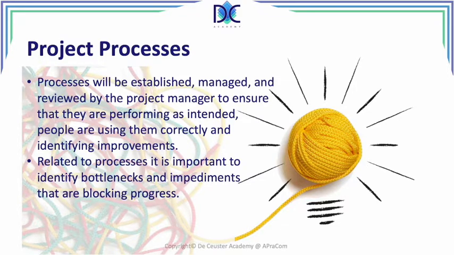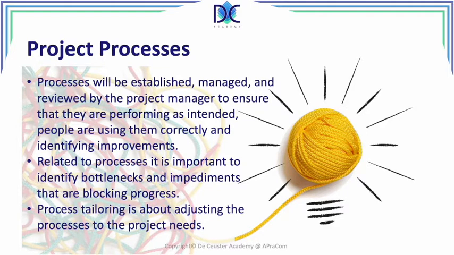We have to ensure that the bottlenecks are elevated, that we manage them, that we understand where they are, and there is a theory about this, the theory of constraints, which describes perfectly how we have to work with bottlenecks. We also have the impediments that are blocking progress. We have to find out what is blocking us, what is stopping us from performing the processes properly. And of course, we have to eliminate those impediments.